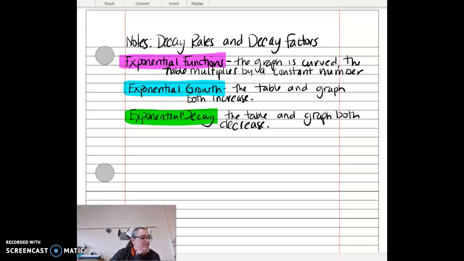And then within those, we actually talked about what decay factors and decay rates are, and growth factors. Let's talk about growth rates. I'm going to have you pull out that same color that we did for exponential growth. Growth rates are used to find the growth factor.